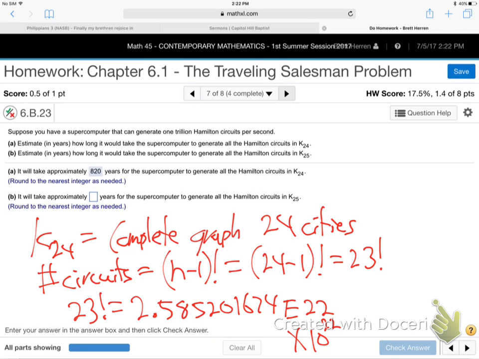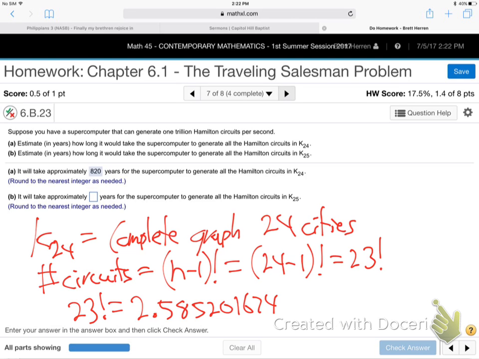Very good. That means the decimal's not really here. It's really 22 places to the right. If that was a negative 22, it would be 22 places left. So when they go times 10 to the 22nd or E22, however your calculator displays it, it means the decimal's not really here. It's really 22 places to the right because it's a positive 22. Negative, it would be left. Okay, so what does that mean?